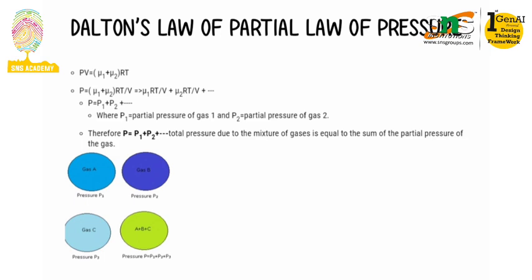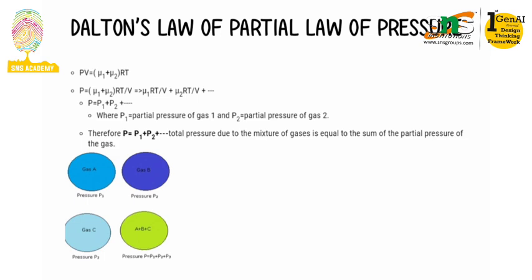As this is a mixture of gases, we can say that PV is equal to (mu 1 plus mu 2) RT. So P is equal to (mu 1 plus mu 2) RT by V.